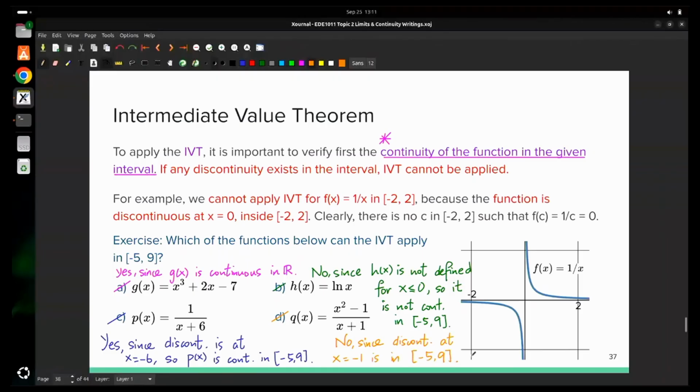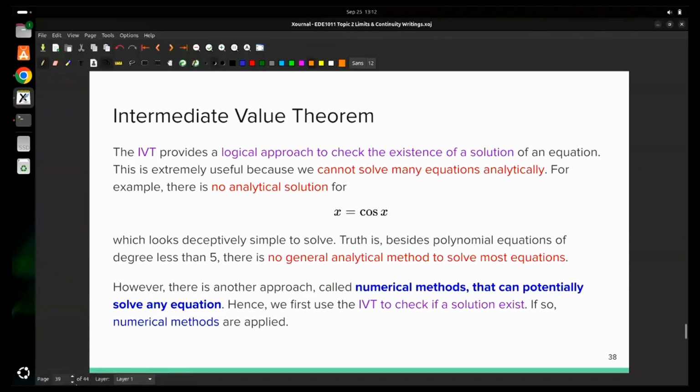Okay, so basically the 4 functions given here are just to demonstrate that you really need to check the continuity of the function in the given interval before you can decide whether you can apply the intermediate value theorem or not. Any questions? Good.